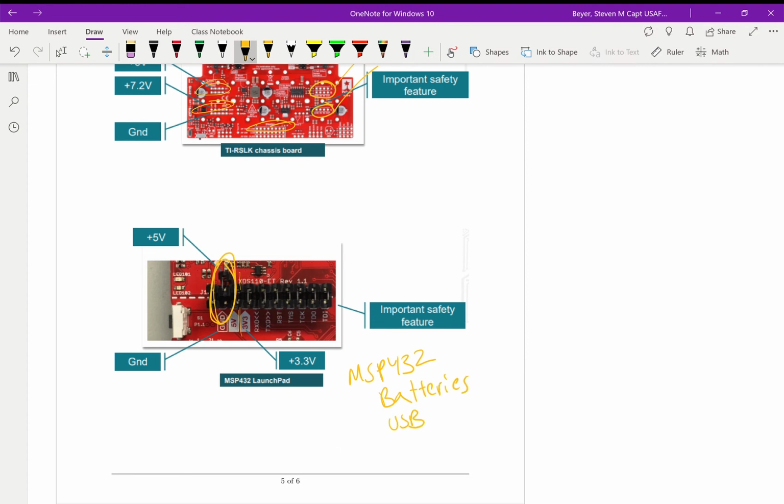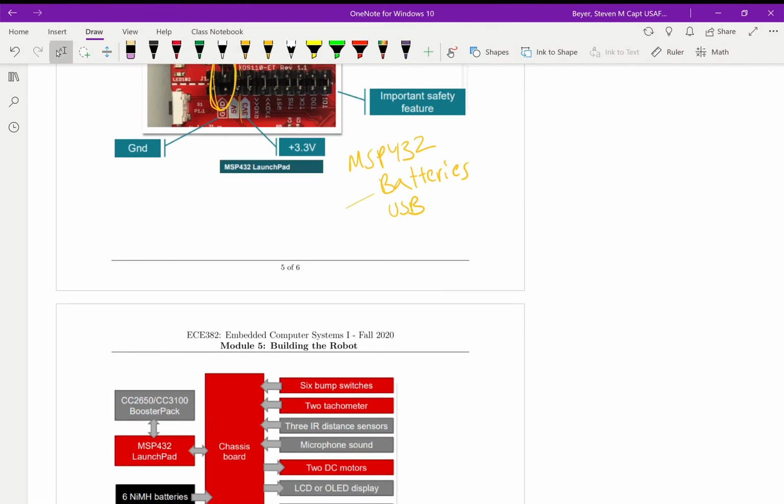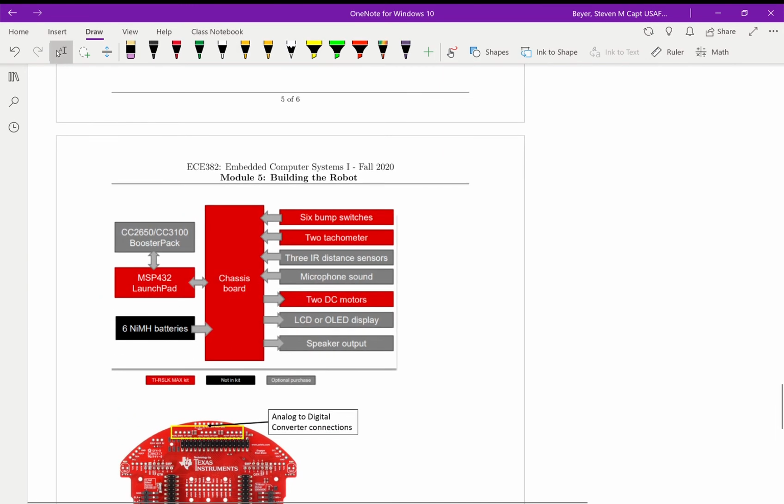So when we plug in our USB cable, we're actually powering the MSP432, and we can also power the MSP432 straight off the batteries. But with that 5 volts, if that was connected, it would start having some issues as soon as we plug in the USB. So we have to make sure those are off to the side.